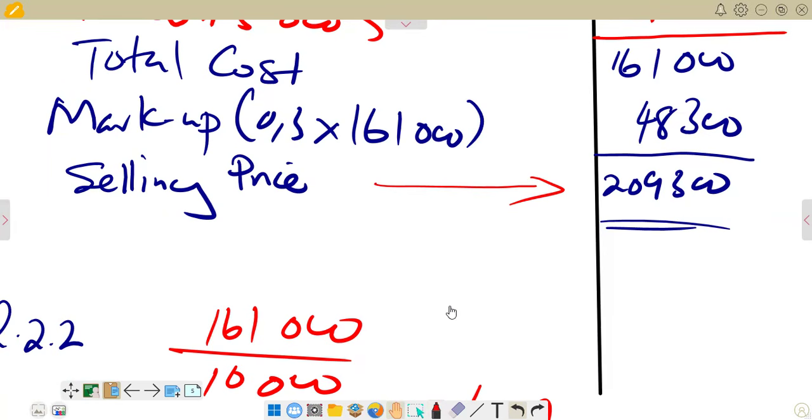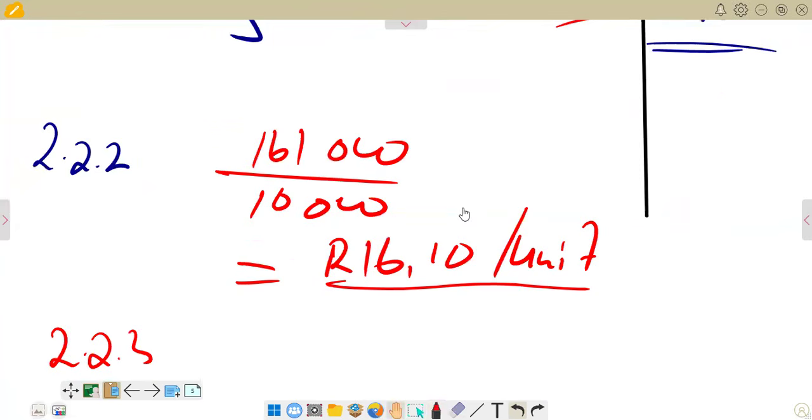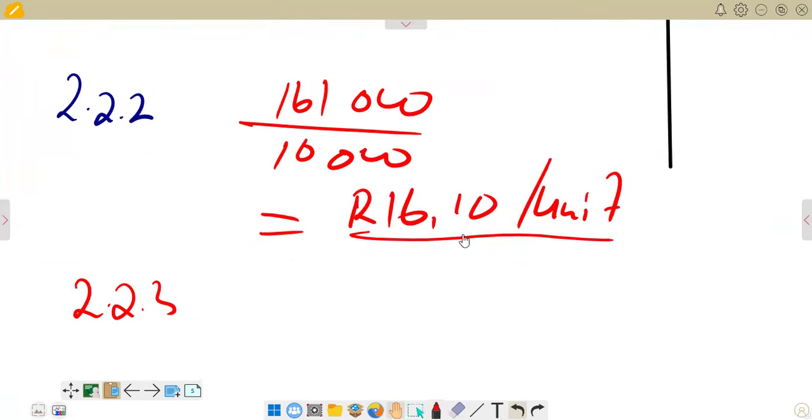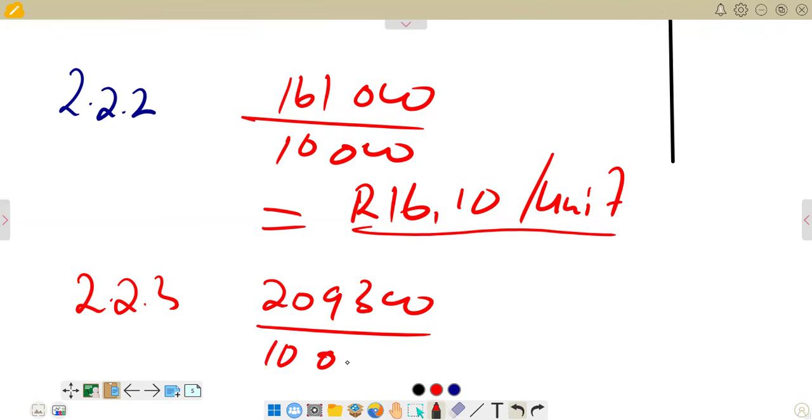So now if you divide 209,300 by 10,000, try to see what you get. You are going to get 20.93.